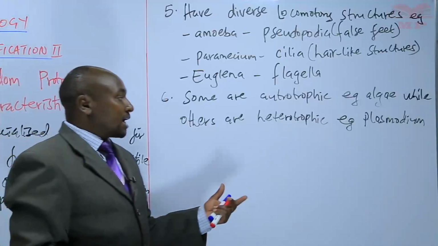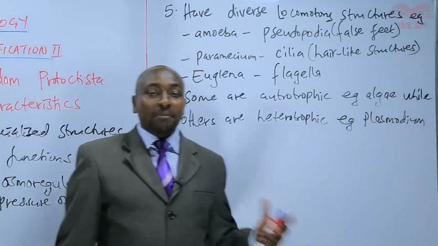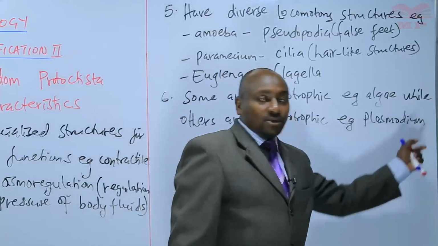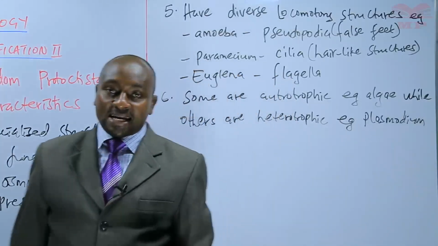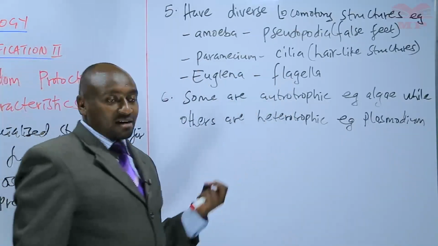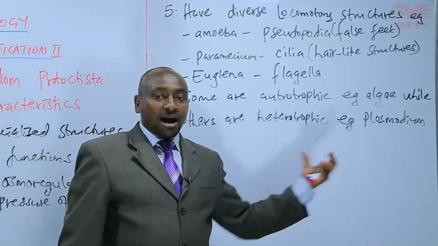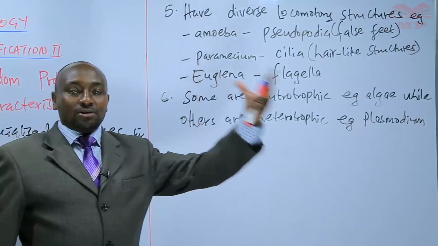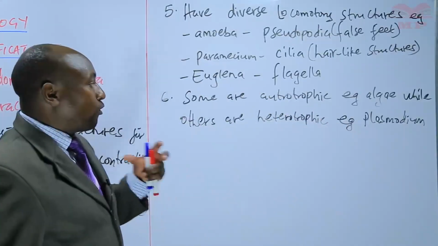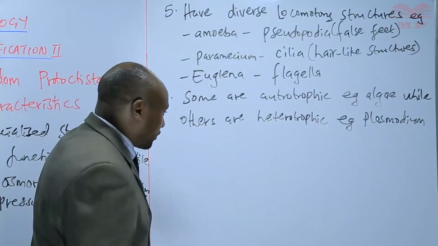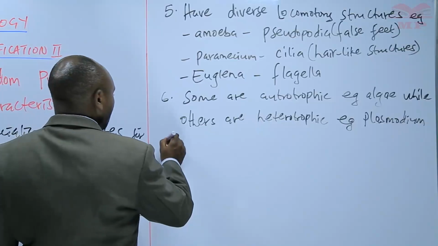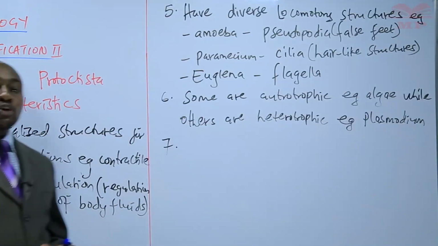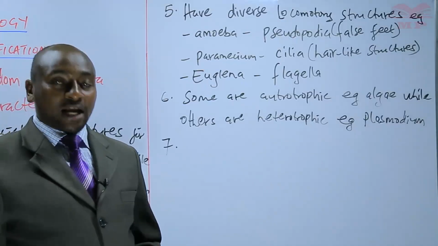They rely on what has already been manufactured by other organisms. Plasmodium is the one that causes malaria. So it gets blood from other animals. So it is relying on other organisms for food. So it is heterotrophic.